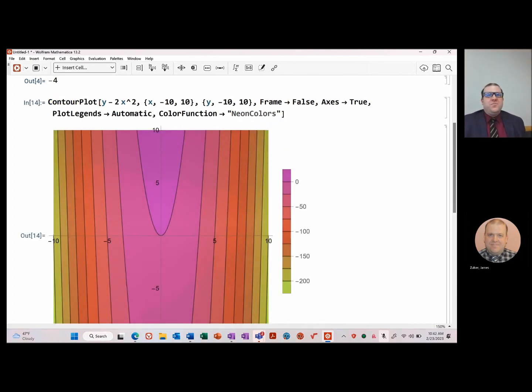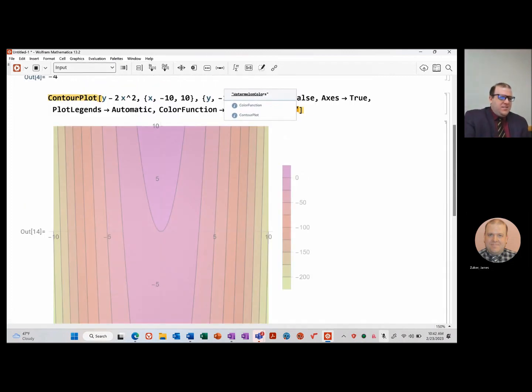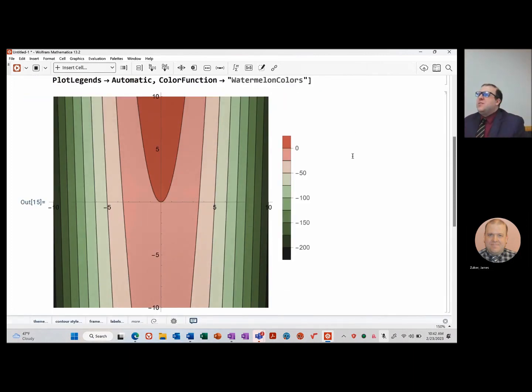Like I said, you can have some real fun with this setting the color function. The default colors, in my opinion, meh. I actually really like the watermelon in this case, so I think I'm gonna stick with that. I think that actually works out really well for this one.